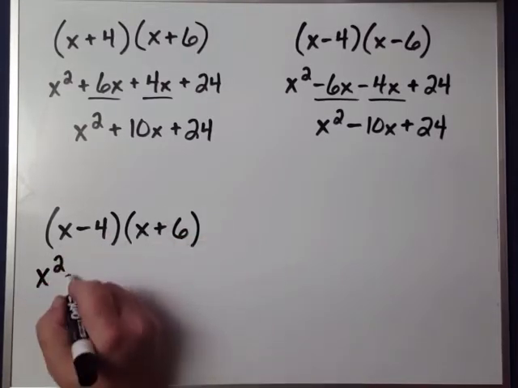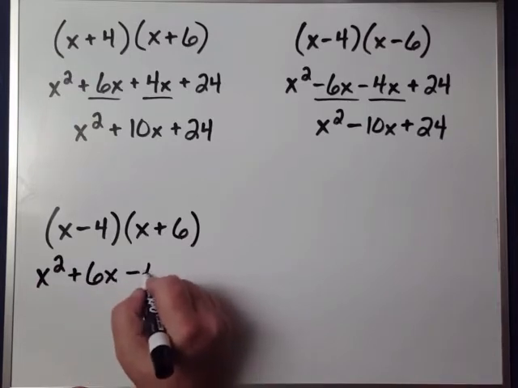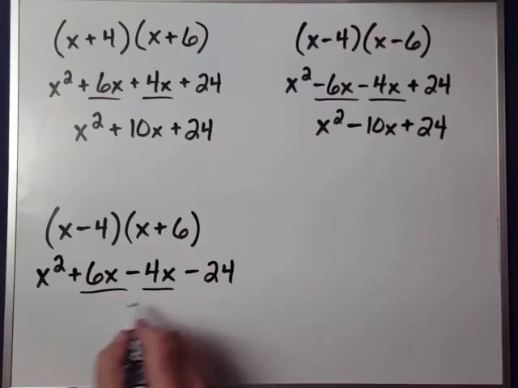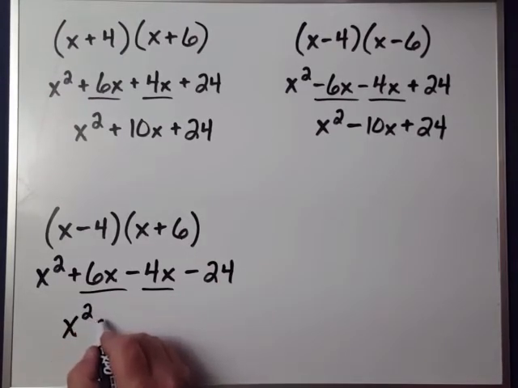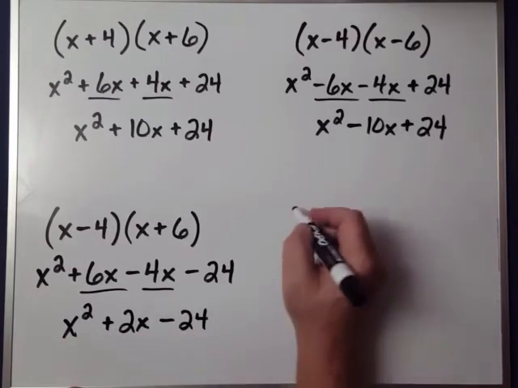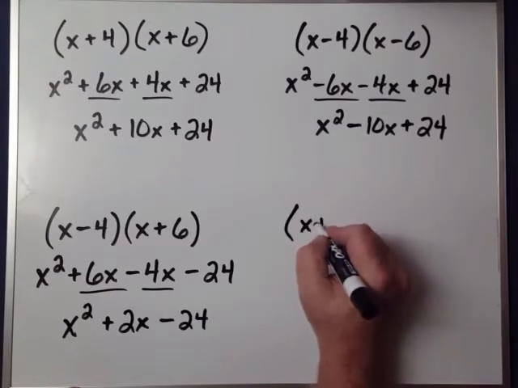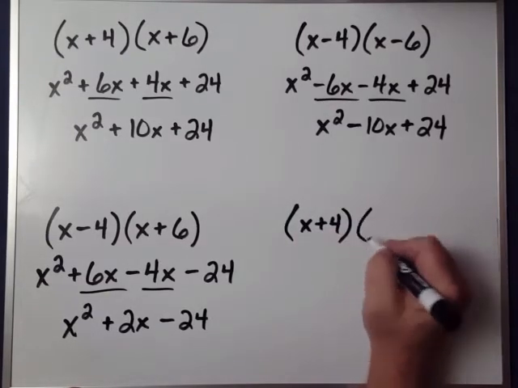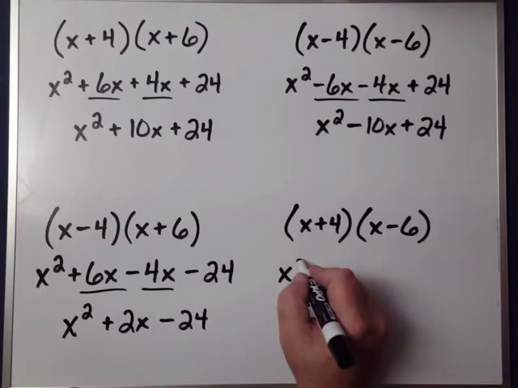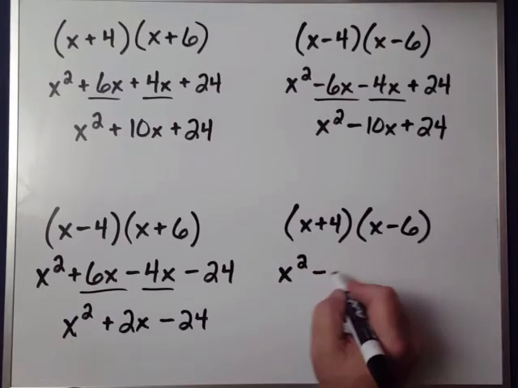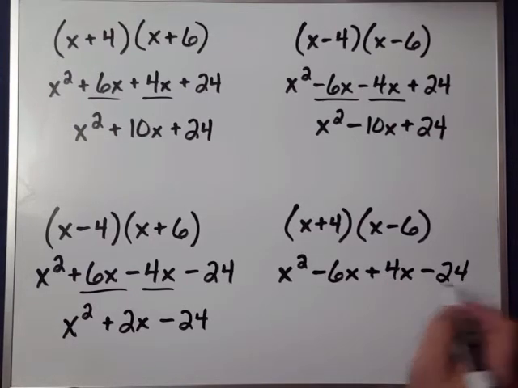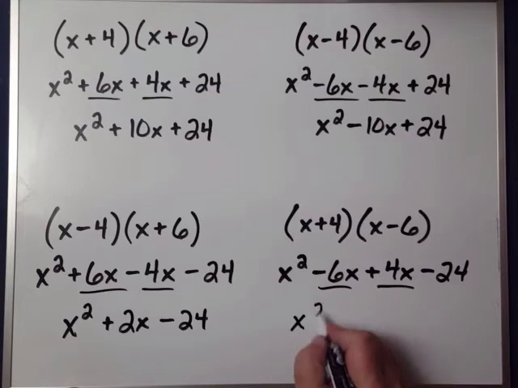The first, the outside, the inside, and the last. Watching our signs carefully. Combine like terms. And one more. And FOIL this out. The first, the outside, the inside, and the last. Combine like terms.